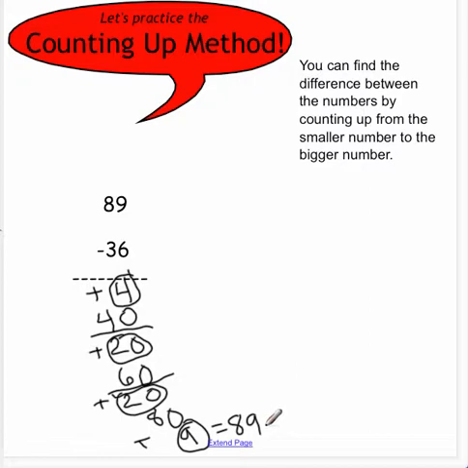To find the answer to my problem, I need to figure out how much I added on to 36 to get up to 89. If you think back, every time I added on a number, I circled it. So I'm going to add now all of these circled parts together. 4 plus 20 plus 20 and plus 9.